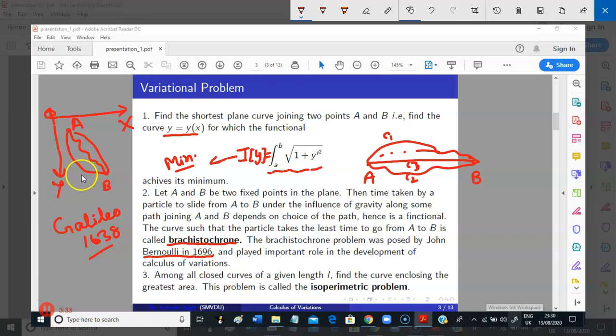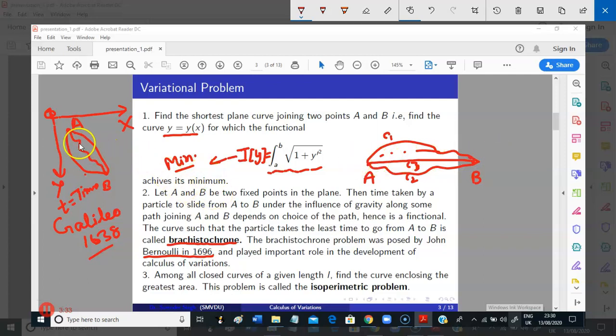So we have to find the curve along which the time of travel from point A to B is minimum. Means here you have to minimize the time. In the earlier case, you had to find a curve along which the distance between 2 points is minimum.